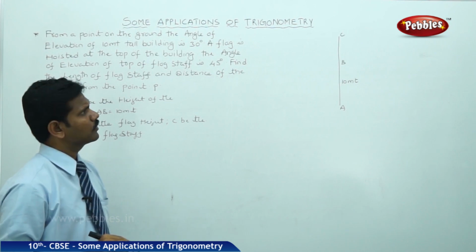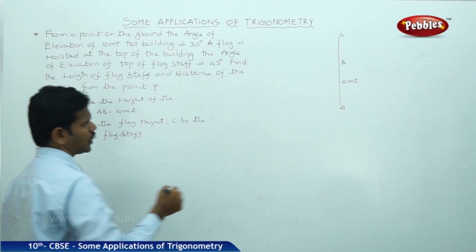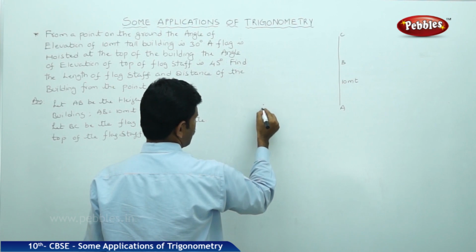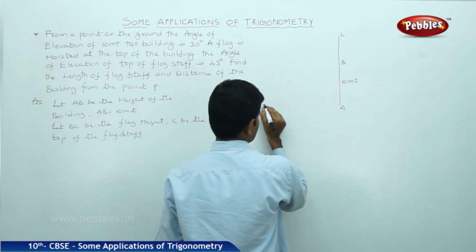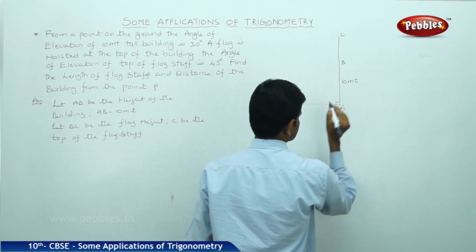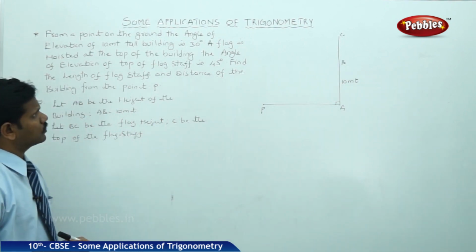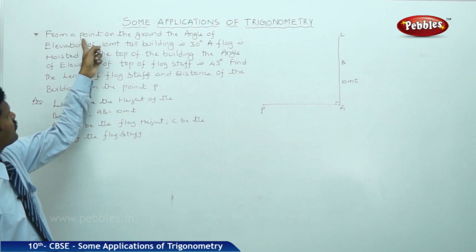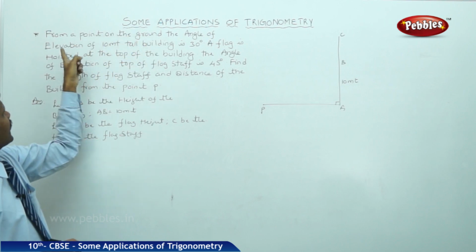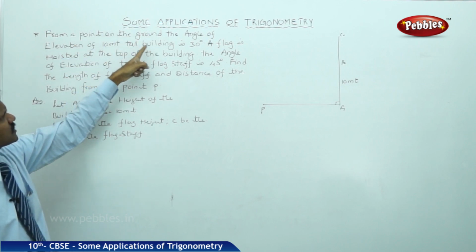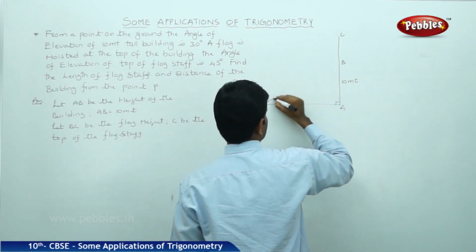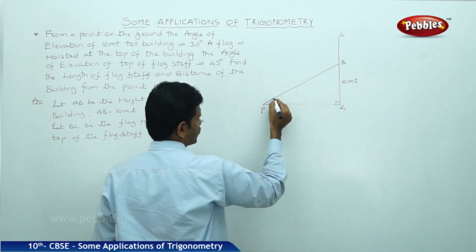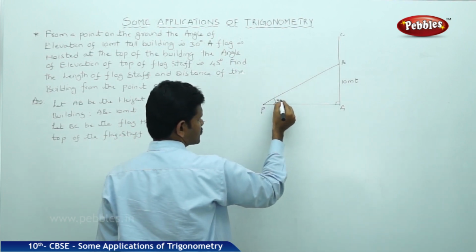Now from a point P on the ground, which is perpendicular to the base, the angle of elevation of the 10 meters tall building is 30 degrees, that is B is the top of the building, it is 30 degrees.